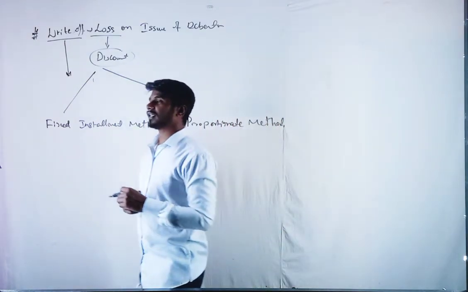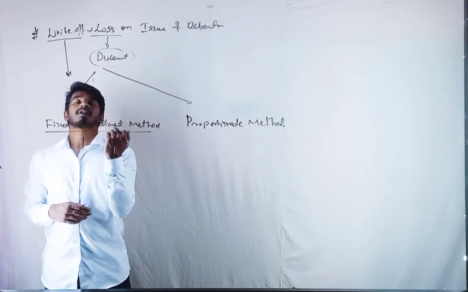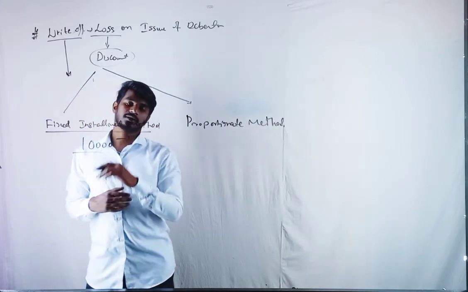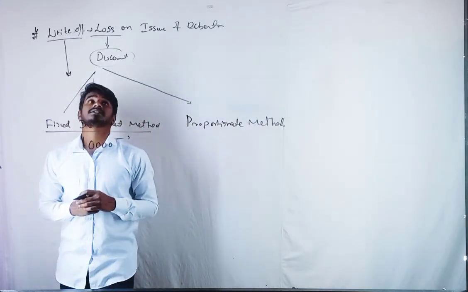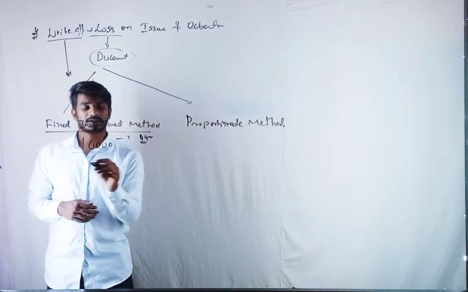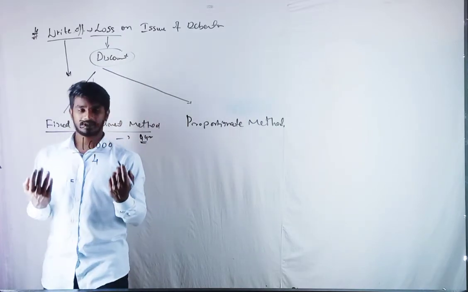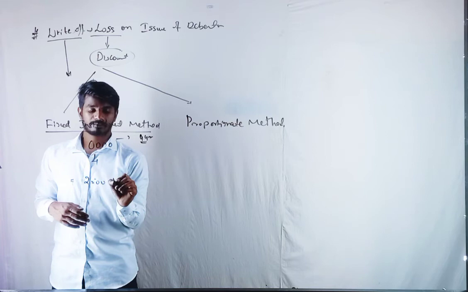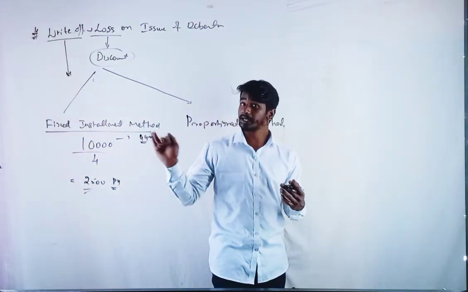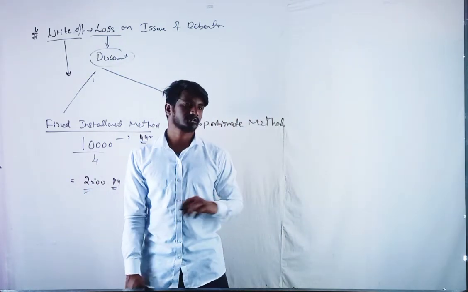Fixed installment method means, let us say you have a loss of 10,000 and the debenture will be repaid after 4 years, right? Loss will be for four equal installments. We'll divide, 2,500 per year. Every year we will write off 2,500 in the books of accounts, in the P&L account.